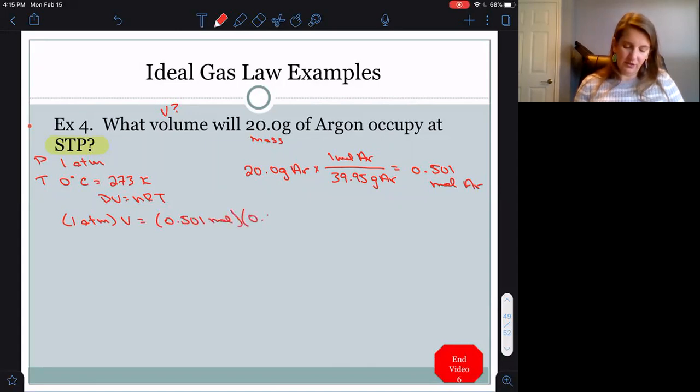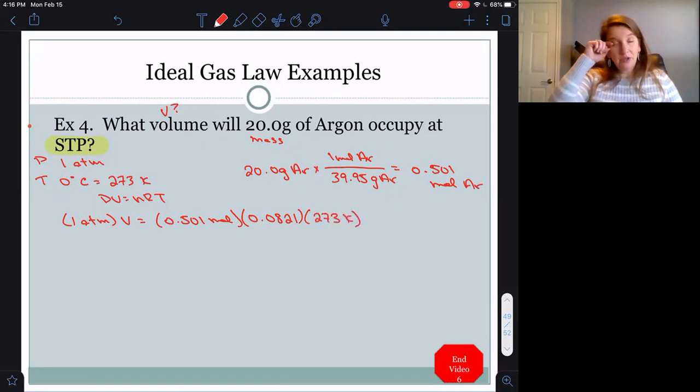My ideal gas law constant is 0.0821, and my temperature is 273 Kelvin. So when I multiply, I'm going to use my unrounded moles times 0.0821 times 273. I'll divide by 1, which means I don't really have to divide by anything, to get my volume.